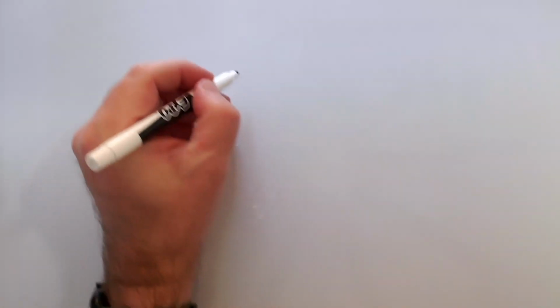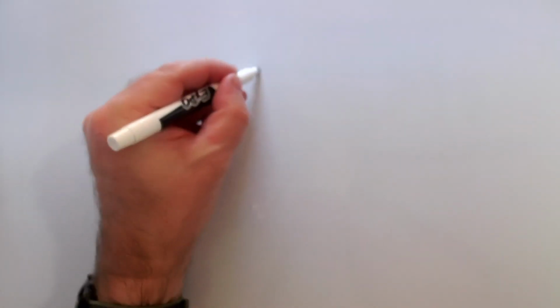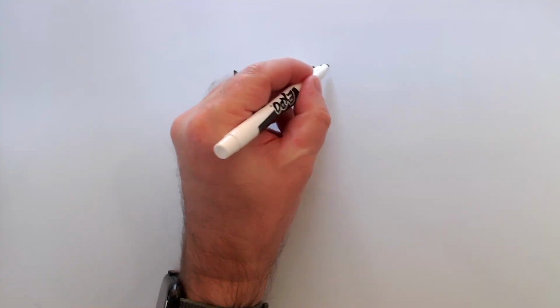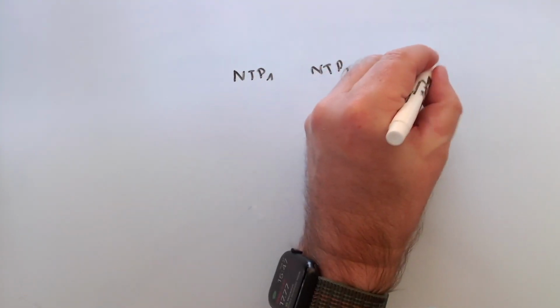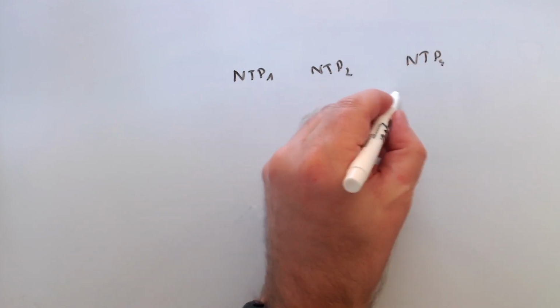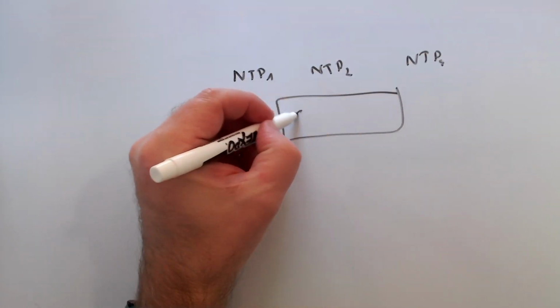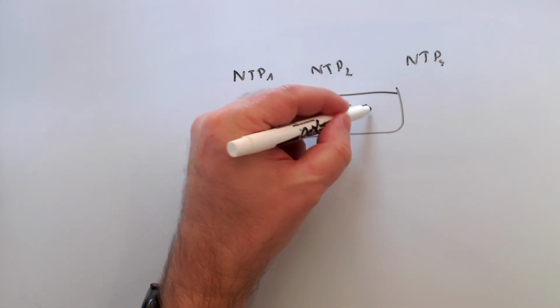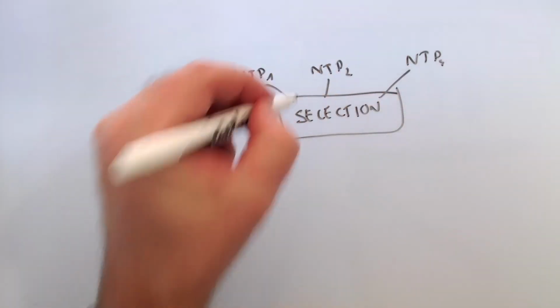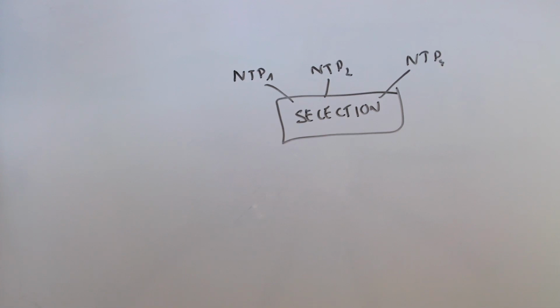So you have NTP server 1, NTP server 2, NTP server 3, and then there's first a selection algorithm that's being used to figure out which one of them is good enough.